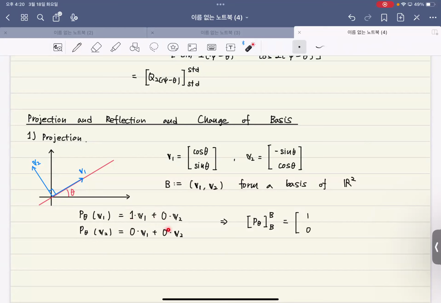And I have 2 zeros. Therefore, the second column has to be the zero column. So this is a matrix representation of the projection about my arbitrary choice of basis vectors V1 and V2.